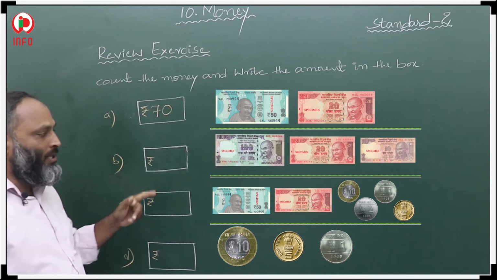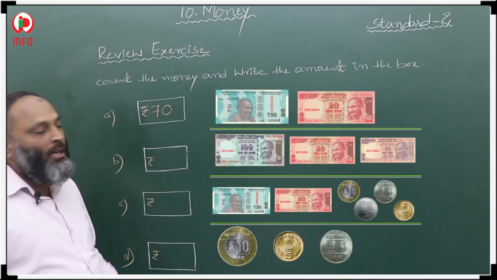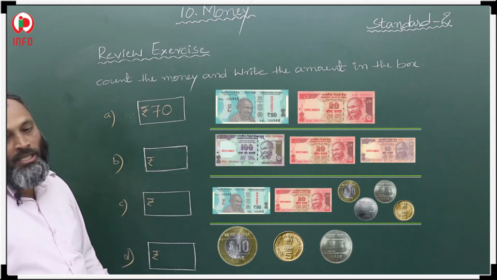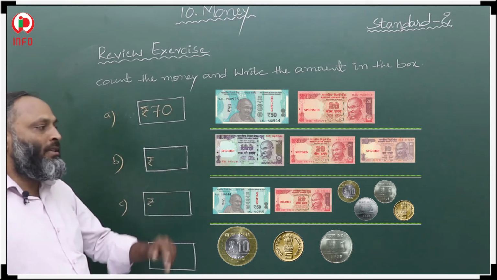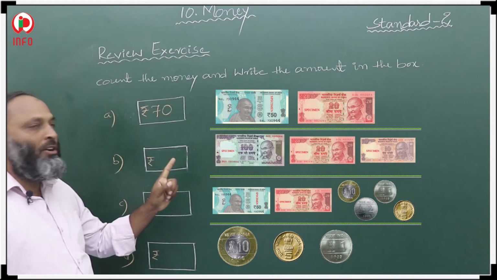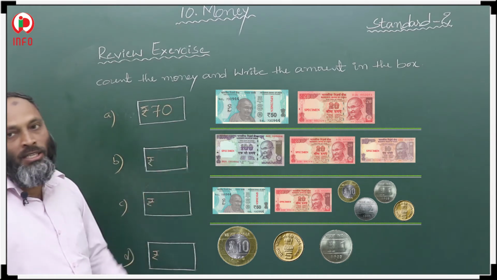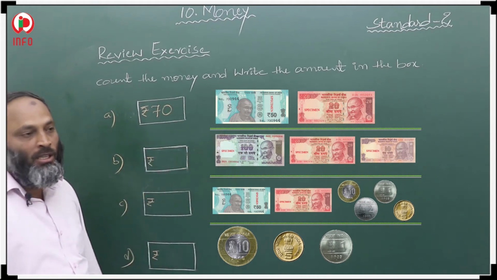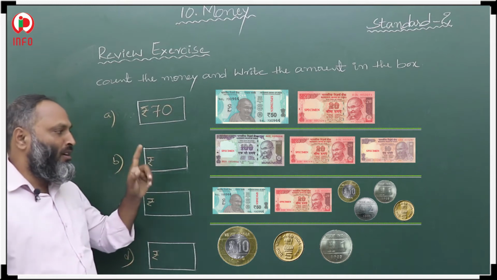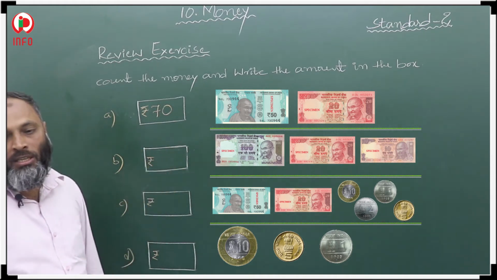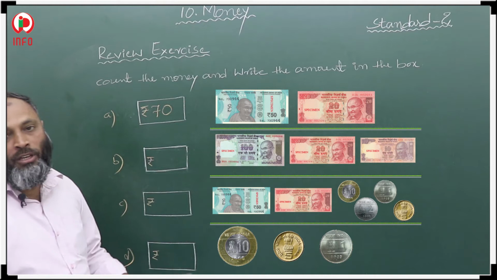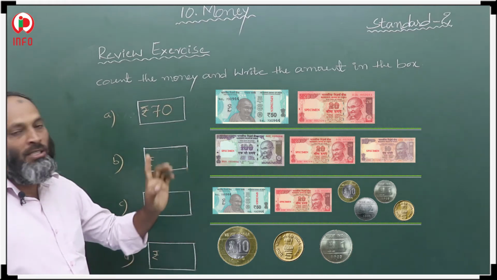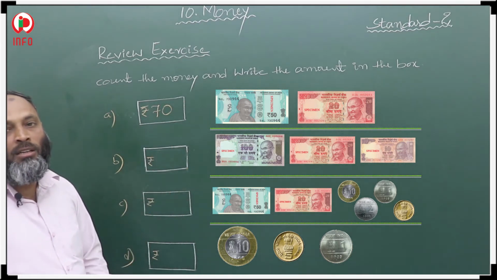In the second question, see here. A 100 rupee currency note is given, and 20 rupees and 10 rupees. Then we have to find the sum. 100 plus 20 is 120, 120 plus 10 is 130.